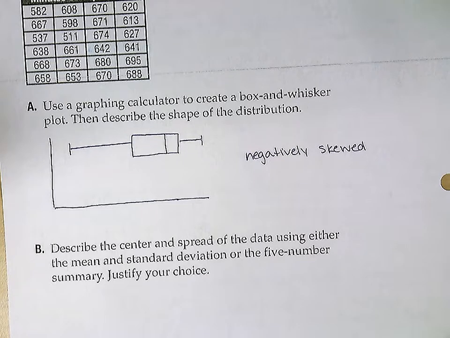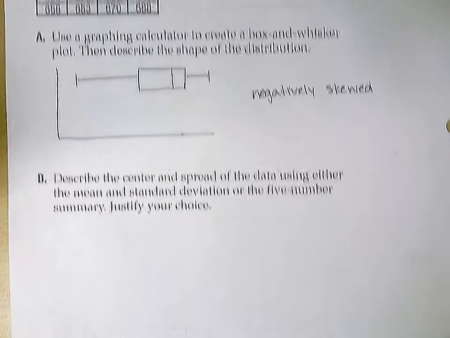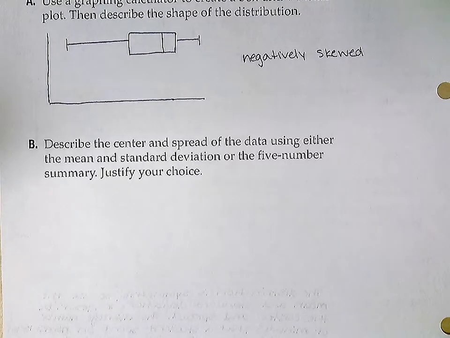So since it is negatively skewed, how should we describe the center and spread? Well, the distribution is negatively skewed, so not the mean and standard deviation.